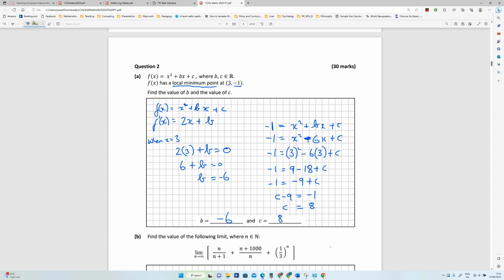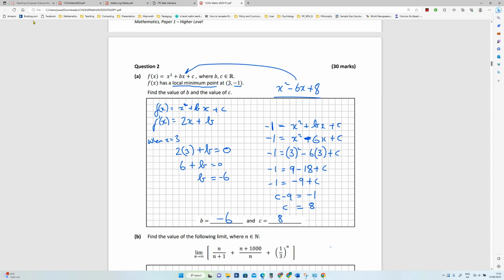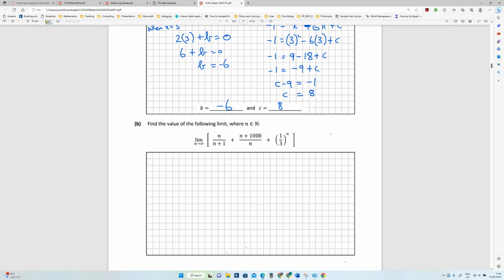Okay, so c is 8. So if you wanted to, you could write this now as x squared minus 6x plus 8. So that's equivalent to what this is now that you know what these two values are.